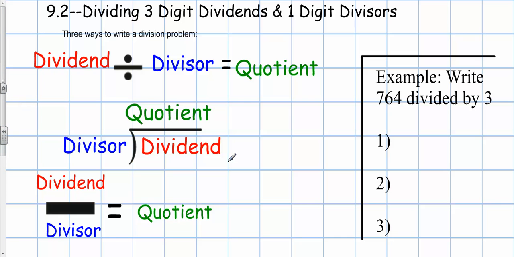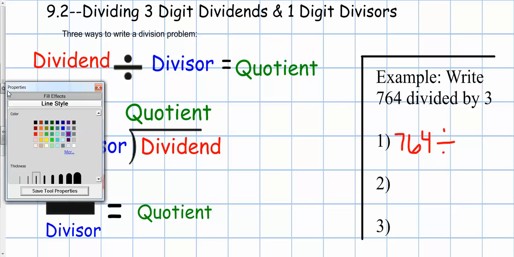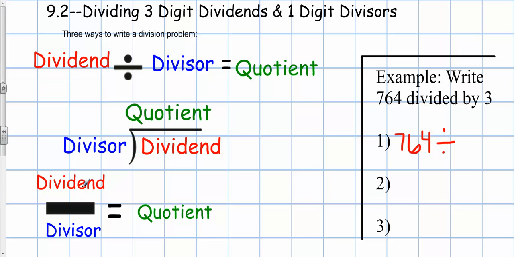Let's take a look at my example of writing out 764 divided by 3. Let's take 764 as our dividend. I'm going to divide that number by my divisor, which is 3. That's way number one.